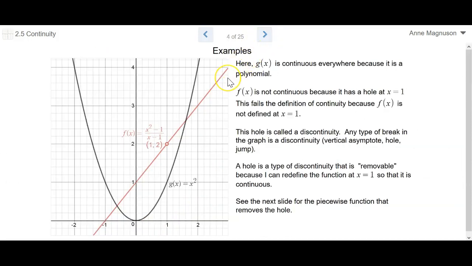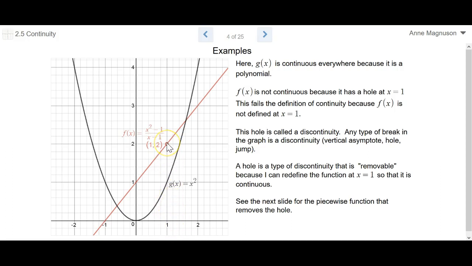So that's why we could just plug numbers into the function to find the limit. There are different classifications of discontinuities. If you look at this rational function that we've looked at again and again, this hole at the point 1, 2, is an example of a removable discontinuity, because you can define this function to be defined when x is 1.